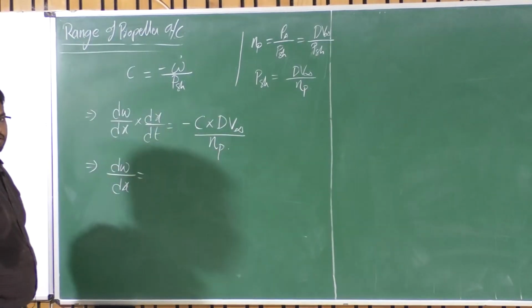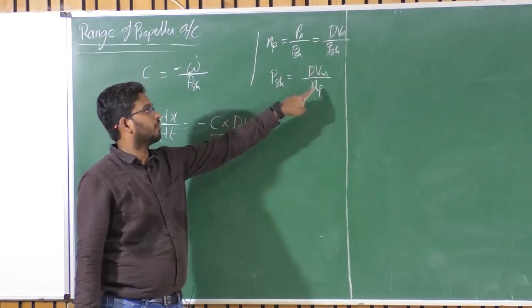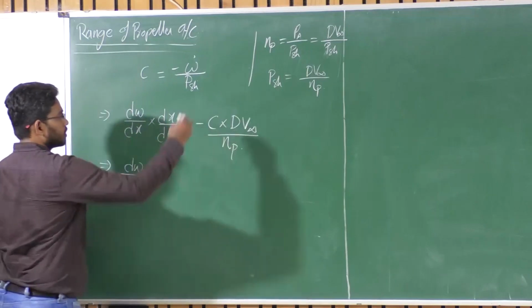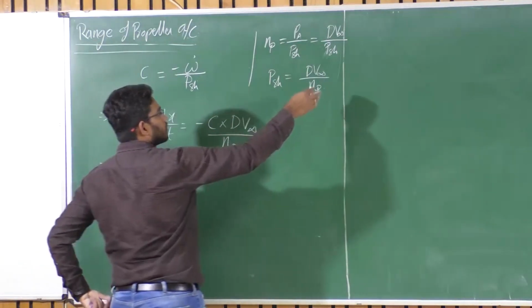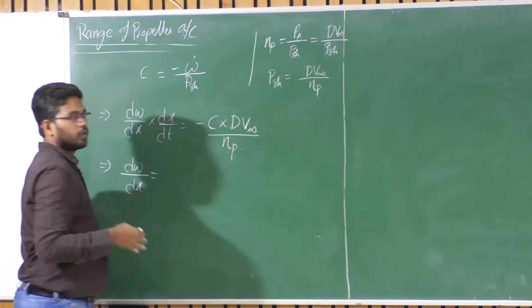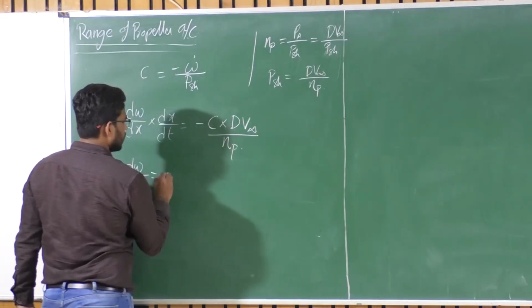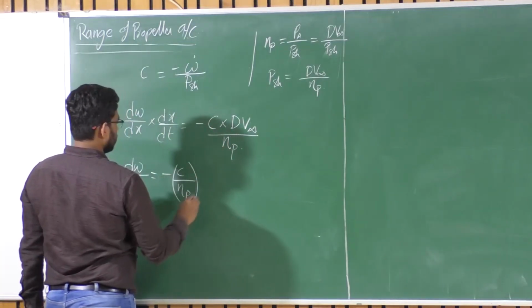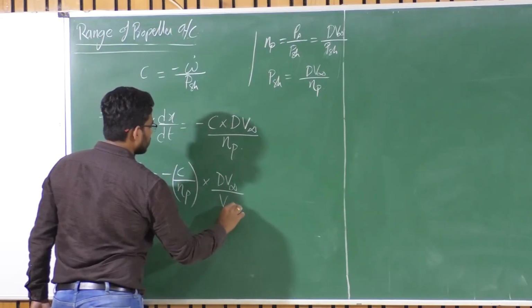Power available is drag times the velocity, which must equal the power required for the level flight condition at that particular velocity. So this is minus C upon eta P multiplied by D V infinity upon V infinity.